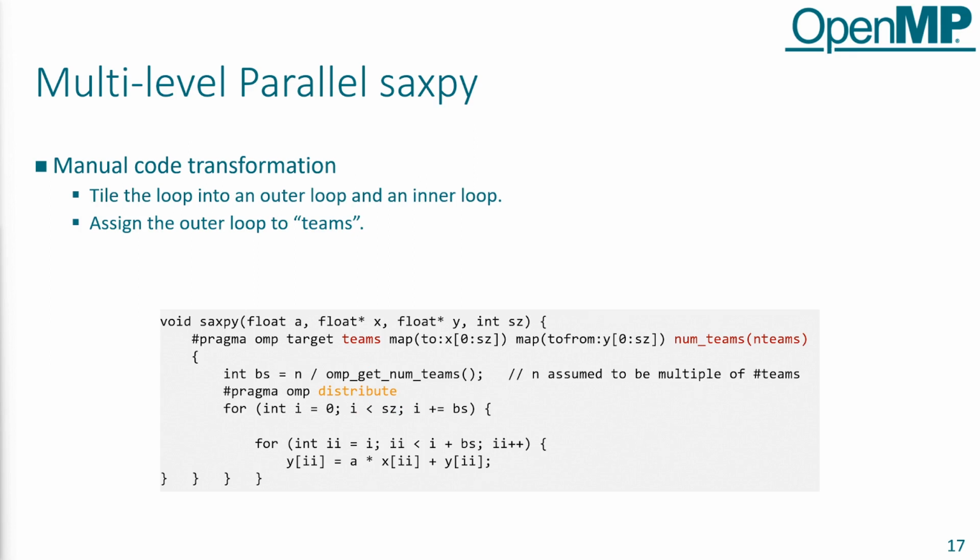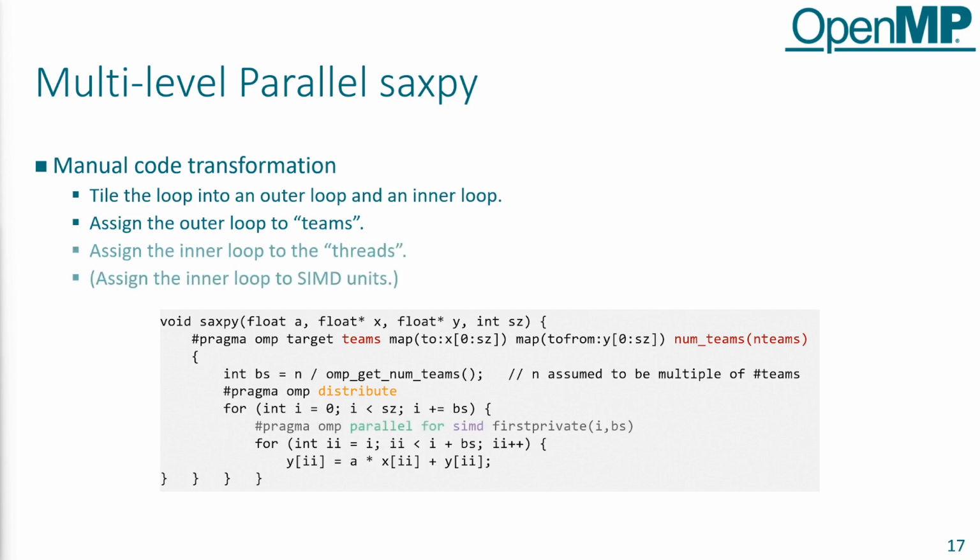All right, and since I chose the block size to be a multiple such that each team actually gets 1 iteration, this actually assigns 1 iteration of the outer loop to each team. Then we assign the inner loop to the threads, whatever that is: CUDA threads, slots in the wavefront for AMD GPUs, or work items in OpenCL terms.